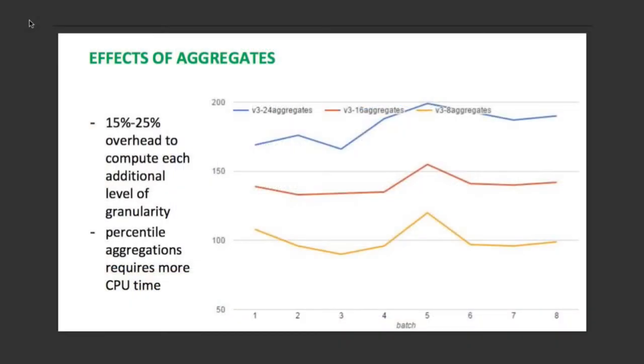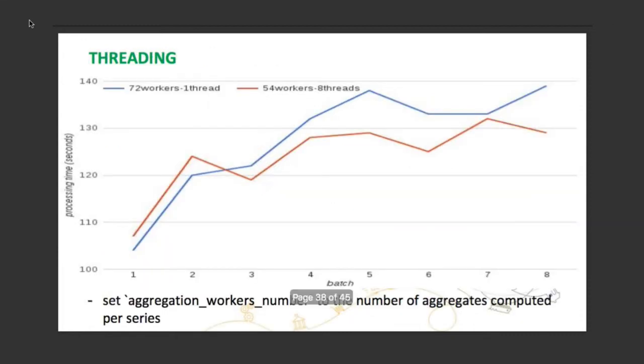Also, computing percentile aggregations such as 95th and 90th percentile actually takes the most amount of time. Because of our changes, our process is now more I/O bound, which is good for threading in Python. So we can deploy about 25% fewer workers with threading enabled, and that performs exactly the same as the full 100% we had before.